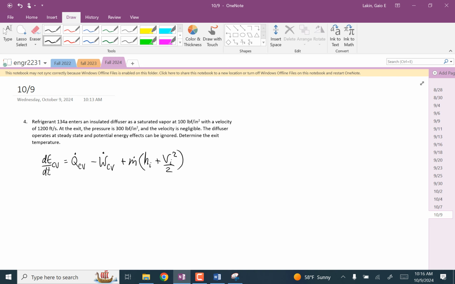We're ignoring potential energy effects. At the exit, we're ignoring potential energy and kinetic energy. It's insulated. And diffusers are always rigid.